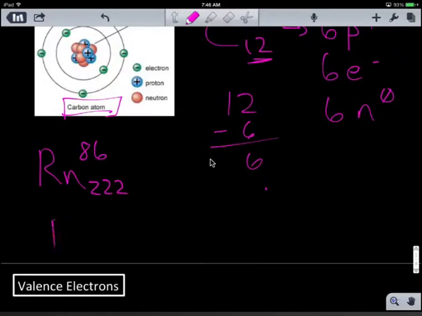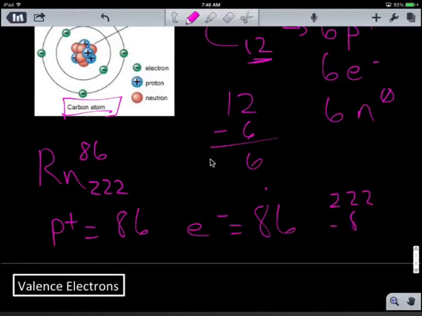So looking at protons, those are going to equal 86. Electrons are easy. Those are going to equal 86. But for my neutrons, I'm going to have to go 222 minus 86. So 12 minus 6, well, that's easy. That's 6. This becomes a 1 because I borrowed 10. Can't take away that.